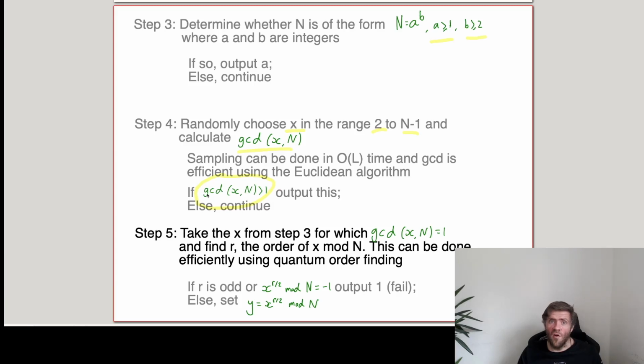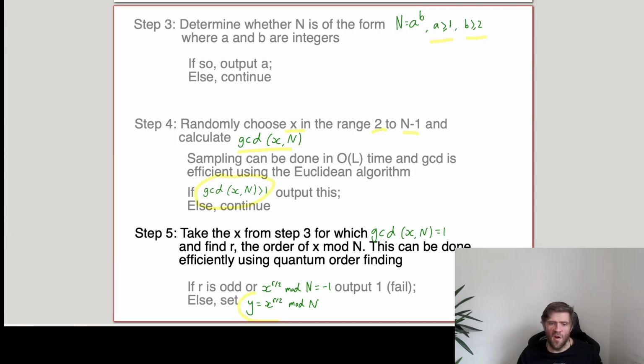If not, then we have an x which has no common factors with n. So we find the order of x modulo n, which we do, of course, with order finding. And if r is odd, or x to the r over 2 mod n is minus 1, then we can't continue. We have to try again with a different value of x.